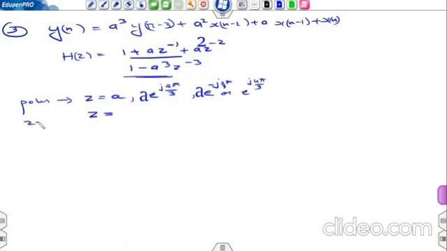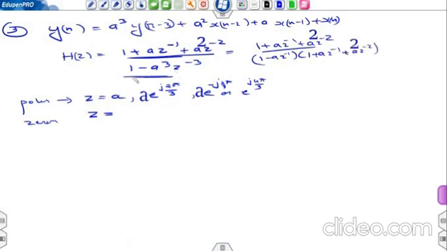Okay, and zeros at, okay, this equation is the same as 1 plus a z minus 1 plus a square z minus 2 times 1 minus a z inverse, and this factor 1 minus a z minus 1 plus a z minus 1 plus a square z minus 2.